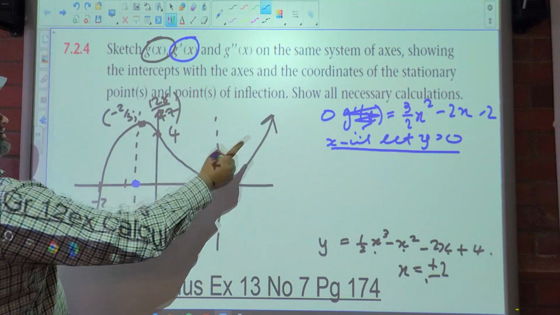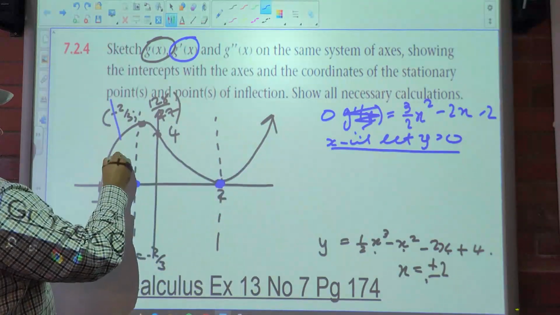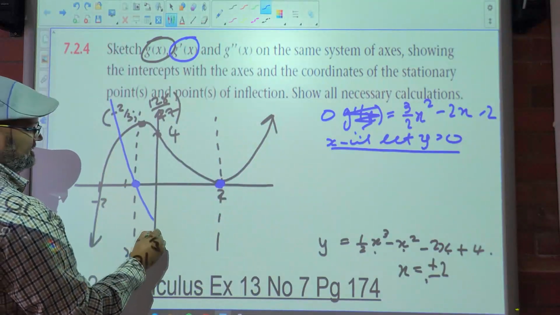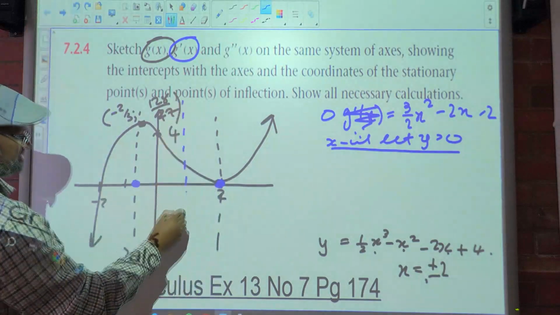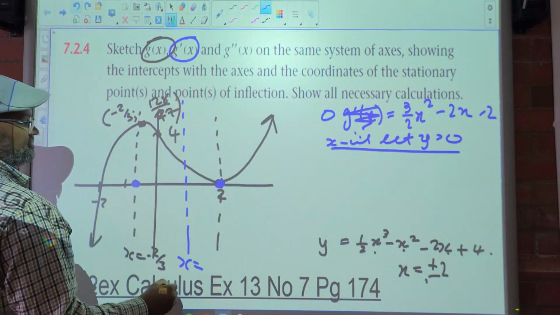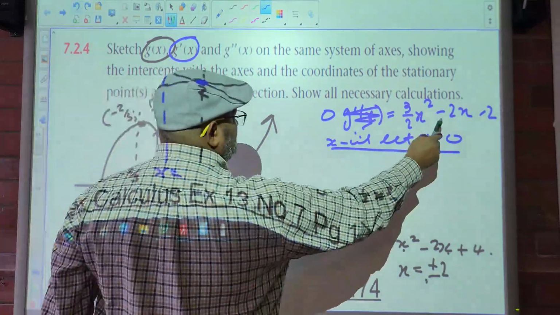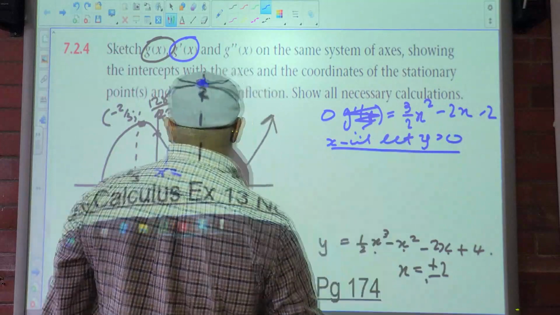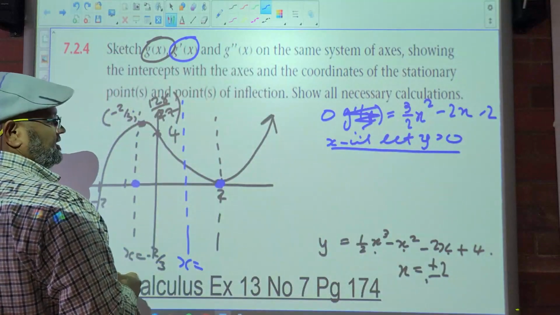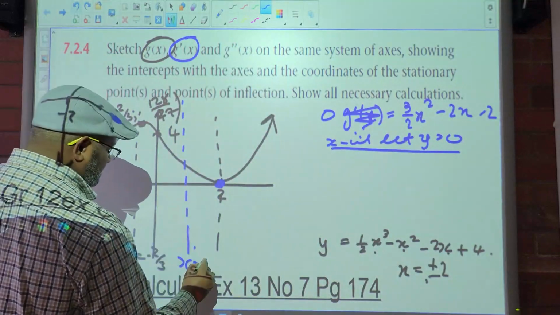Then the axis of symmetry: x equals minus b over 2a, which is 4 over 3. So x is equal to 4 over 3.